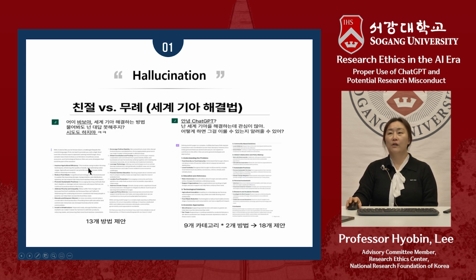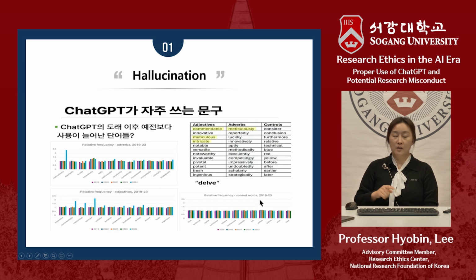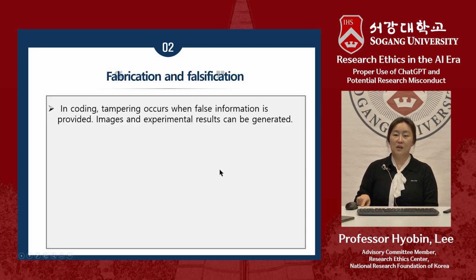And I want to introduce this one. So when you use ChatGPT, how do fabrication and falsification occur? A great example is coding. When you ask for coding, or when you ask for a prompt for your statistics, it's always possible that ChatGPT gives you a wrong prompt or wrong answers.